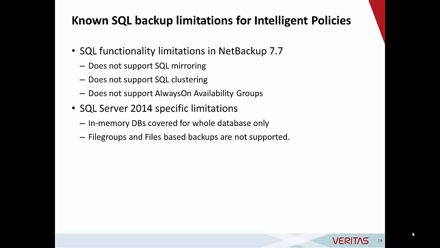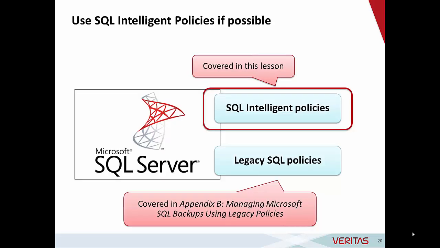Specific to SQL Server 2014, in-memory databases are covered for the whole database only, and file group and file-based backups are not currently supported in version 7.7 GA. As discussed previously, our focus in this lesson is on SQL Server intelligent policies, which we recommend using if at all possible. The information about legacy SQL policies is covered in Appendix B, Managing Microsoft SQL Backups Using Legacy Policies.